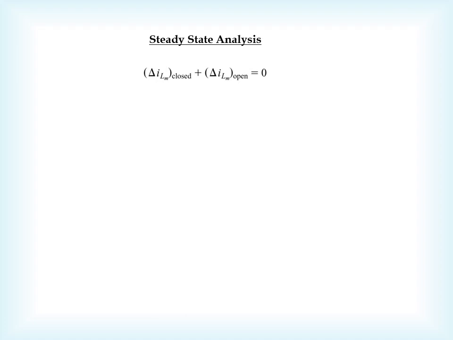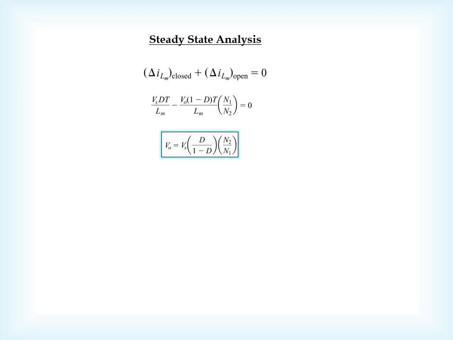If we do the steady state analysis, delta ILm closed plus delta ILm open is equal to 0. Substituting the values and solving, the output voltage comes out to be Vs into d upon (1 minus d) into N2 upon N1.